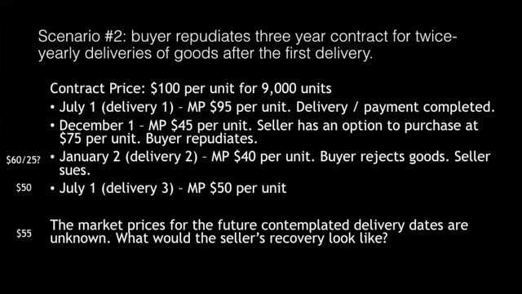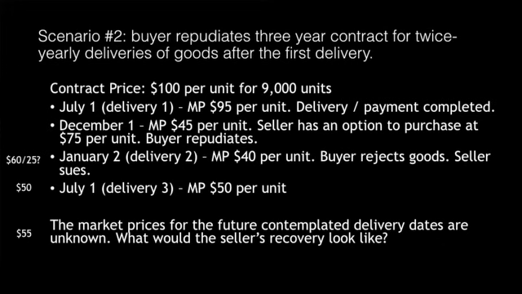The remaining intended deliveries initially appear more complex because we do not know what the market price at the time and place of tender would be for these future deliveries. But a different UCC provision, Section 2-723(1), provides that in such situations where the time for performance has not yet occurred, the market price at the time the seller learned of the repudiation, which here is $45, will be used to calculate damages for all these remaining delivery times.